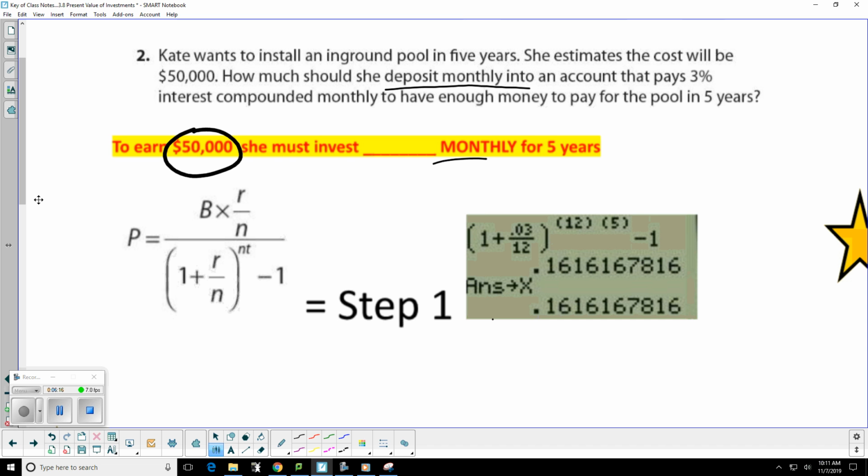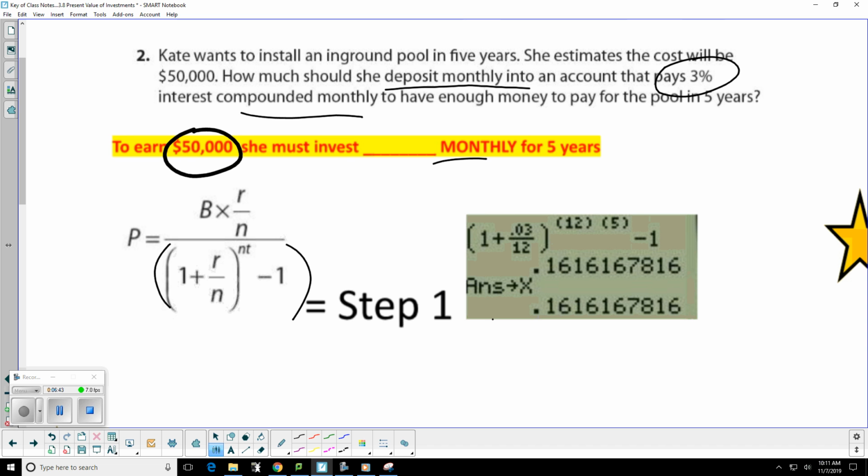In step number one, everything inside the parentheses I wanted to address. So I took 1 and added it to my fraction. We see that we have interest of 3, which turns into a decimal. We also see that we're being compounded on a monthly basis. That's where we get our 12.